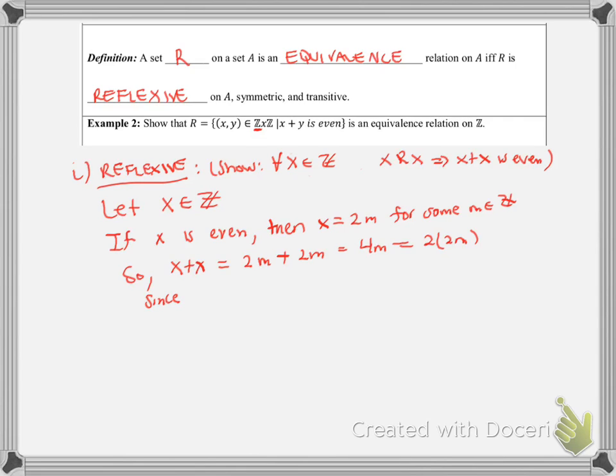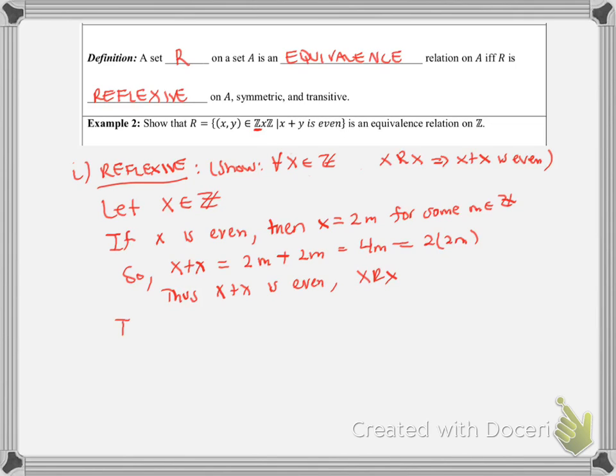Actually, you guys are sophisticated. We don't even have to rename the integer. You can clearly see that that's even, right? So we can say, thus, x plus x is even, which means x relates x.